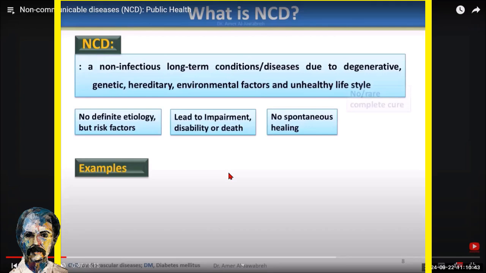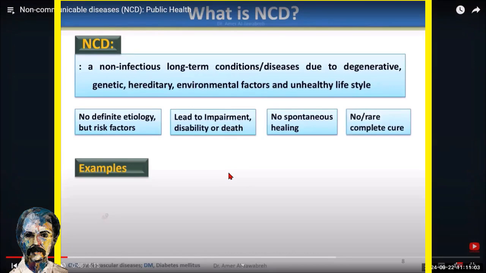Usually with hypertension, CVD, cancer, you might get rid of cancer after very hard effort. So no spontaneous healing, rarely does it happen. Complete cure, also rarely does it happen. It might happen, but rarely.